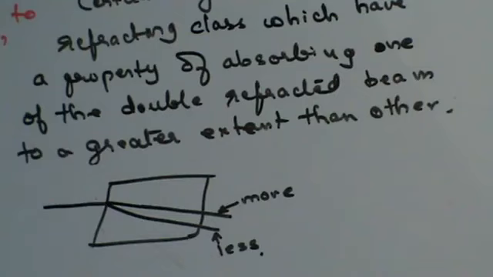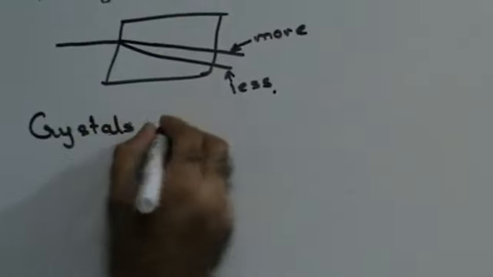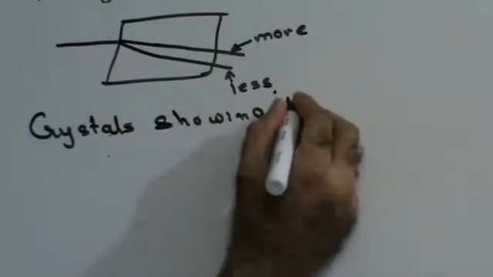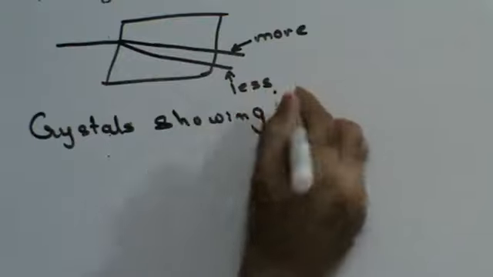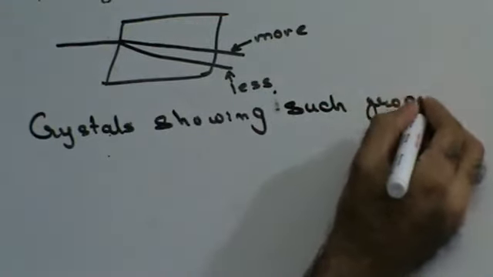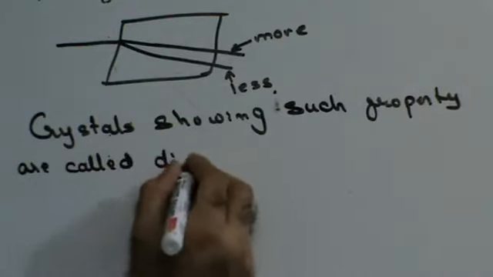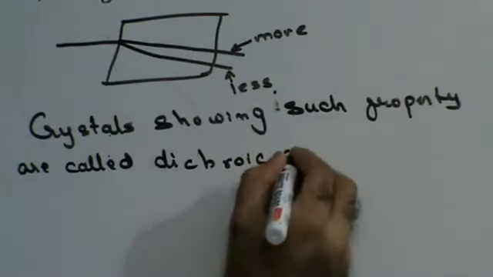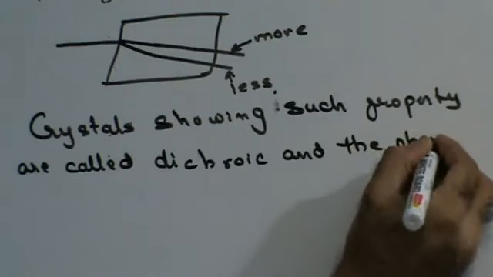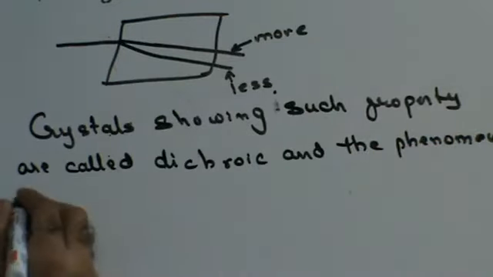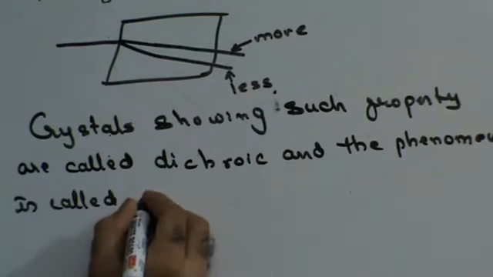Now the crystals showing such property are termed as dichroic, and this phenomenon is called dichroism.